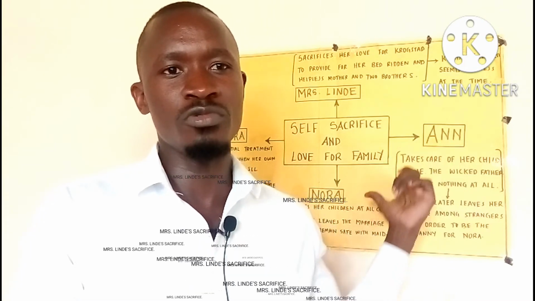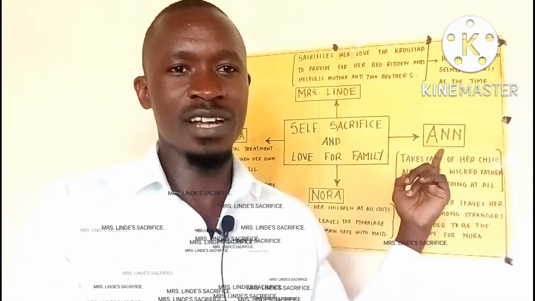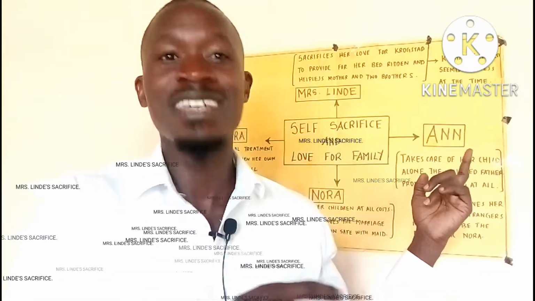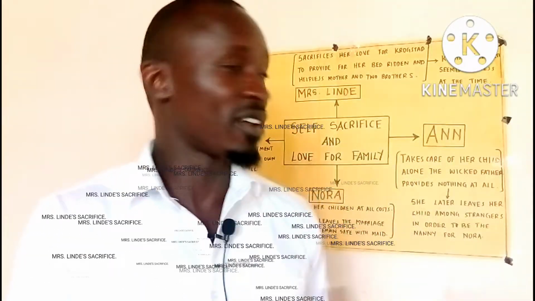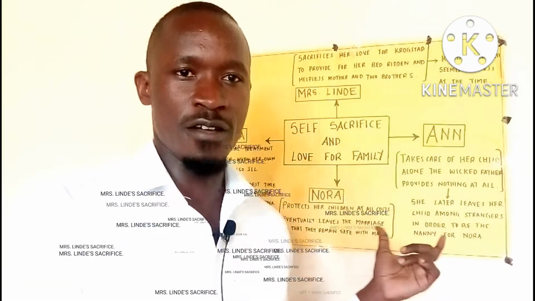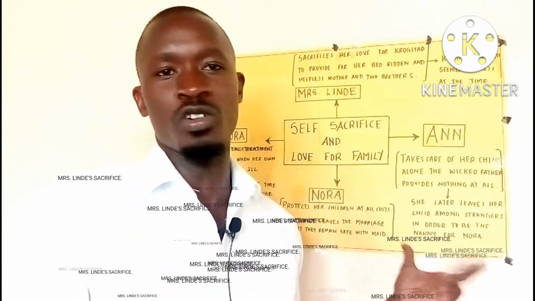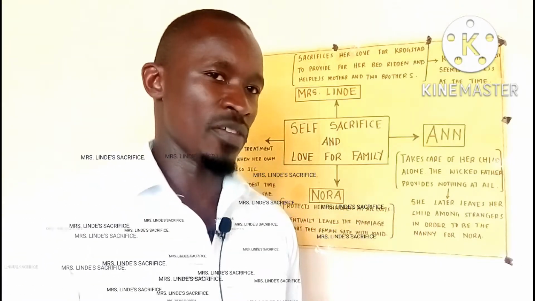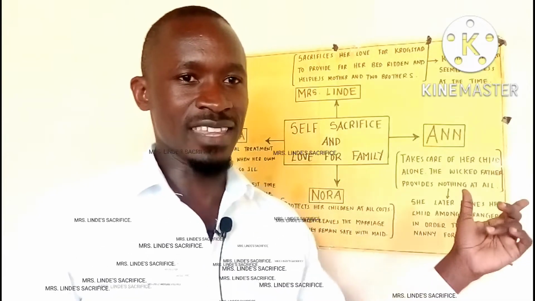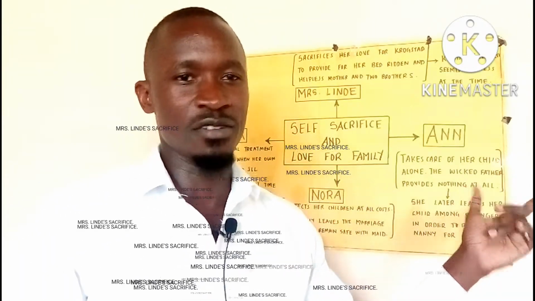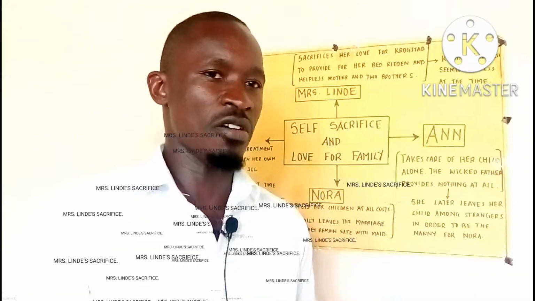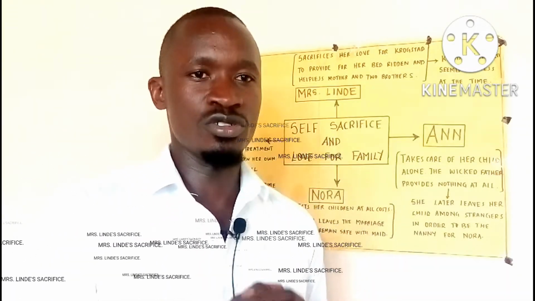Then we can look at 2 aspects: Nora, how she sacrifices to ensure that her husband, Helmer, is healed. We can also look at Nora, how she sacrifices to protect her children from being infringed on or polluted by the scourge of lies. And lastly, we can look at the nurse of Nora, Anne, what she sacrifices and the result of her sacrifice and true love.